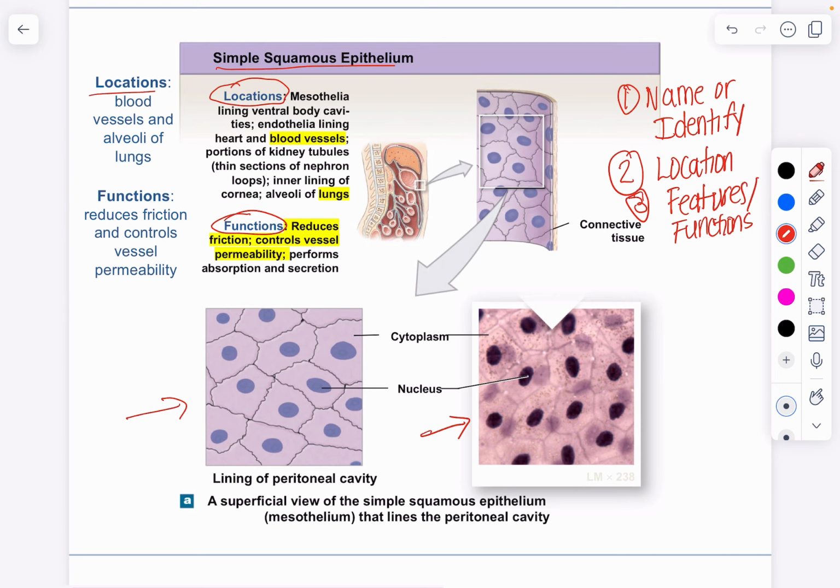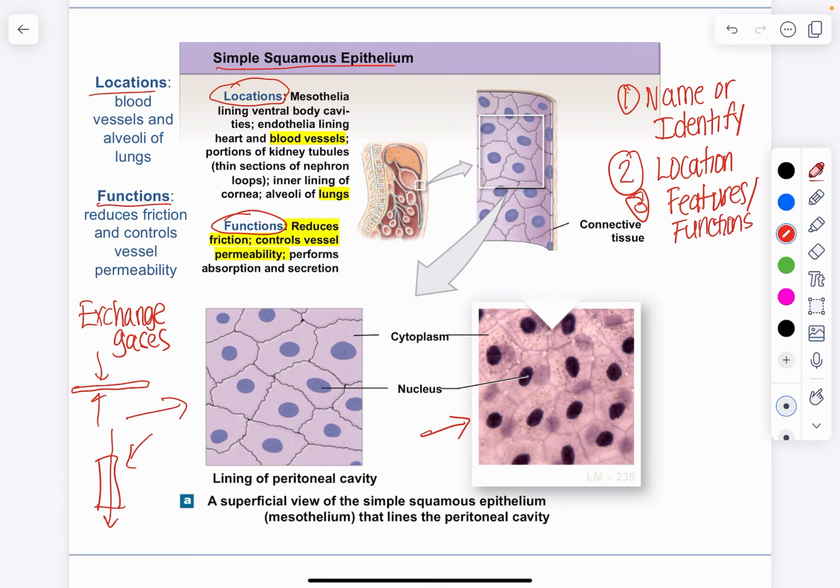If we're going to exchange gases, we would want a really, really thin cell to do that, right? Would we want a columnar cell? No, because that would take forever for those gases to exchange. So there's a nice structure-function relationship here.